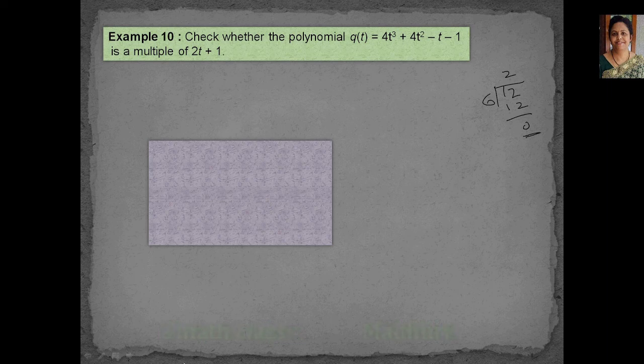In the same way, if q(t) is a multiple of 2t plus 1, it means when we divide q(t) by 2t plus 1, we have to get the remainder 0.